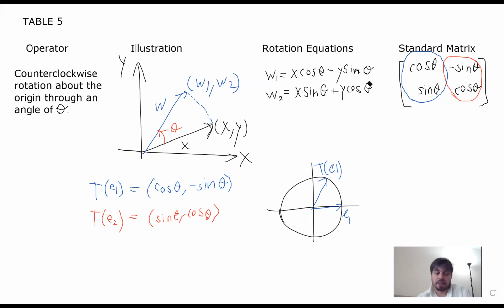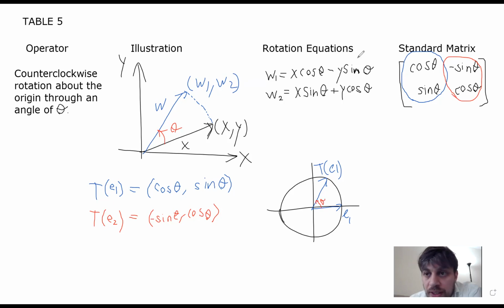Okay, so the new standard matrix. T of E1 is cosine theta, comma sine theta, what I originally wrote here. And this column is negative sine theta, comma cosine theta. T of E1 is the effect of rotating E1 about an angle of theta counterclockwise.